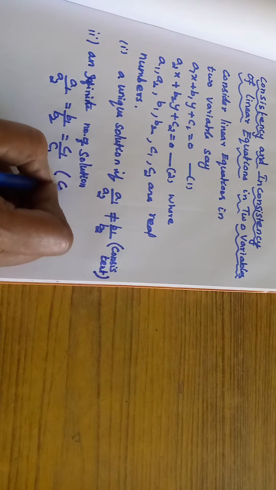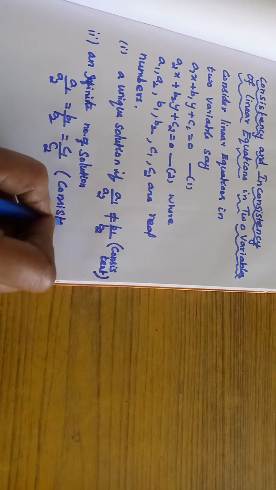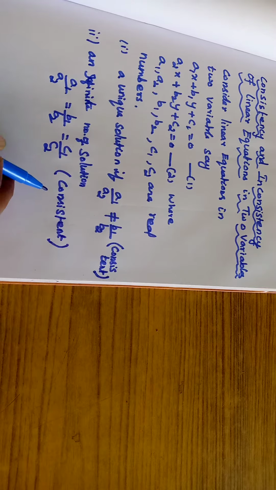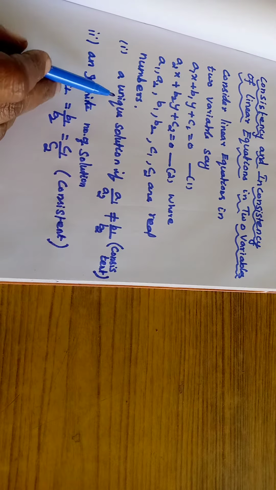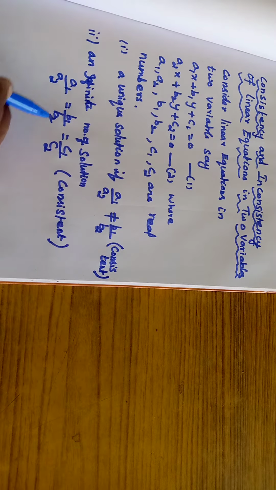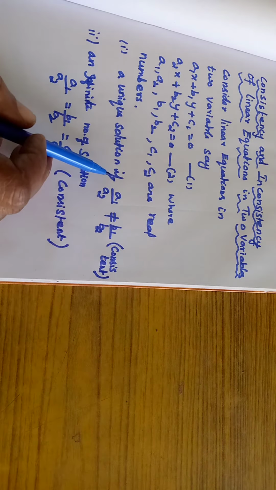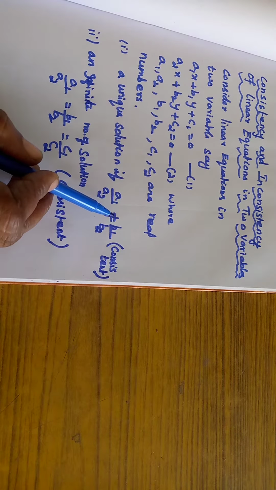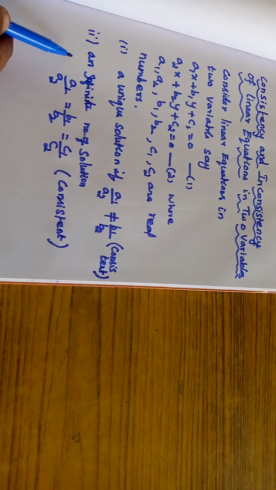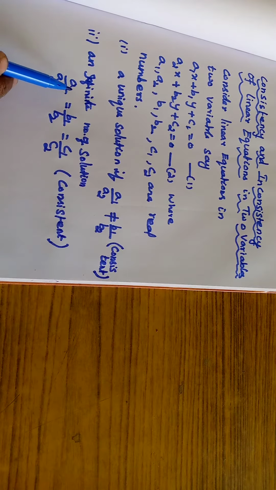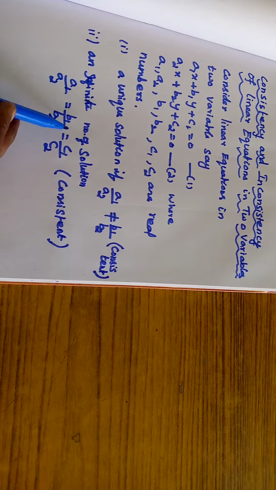Okay, this is also consistent. If it is consistent, the given equation has two types of solution, unique solution and infinite solutions. For unique solution, we have the condition a1 by a2 is not equal to b1 by b2. And for infinite number of solutions, what is the condition now? a1 by a2 is equal to b1 by b2 is equal to c1 by c2.